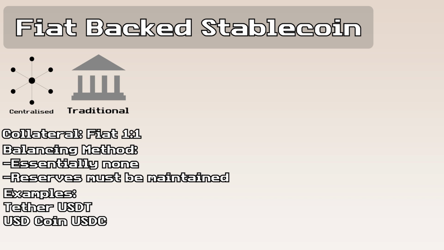And if you've been reading the news recently, there has been a lot of hoo-ha about US dollar Tether. It's been a very long running story about whether this collateral is actually backed one-to-one with fiat. And recently, it's been found that it wasn't backed one-to-one with fiat, but with a variety of different assets, some of which are questionable in value.